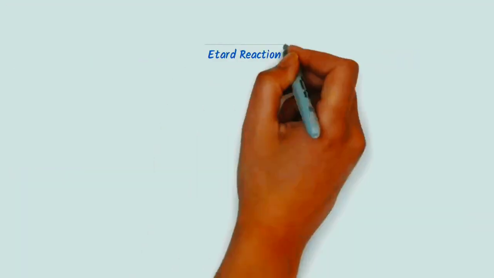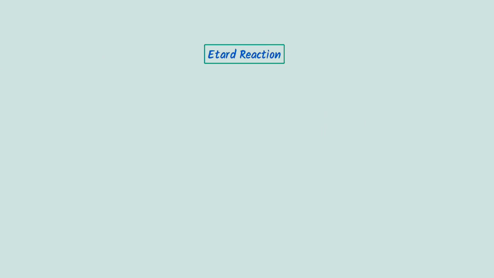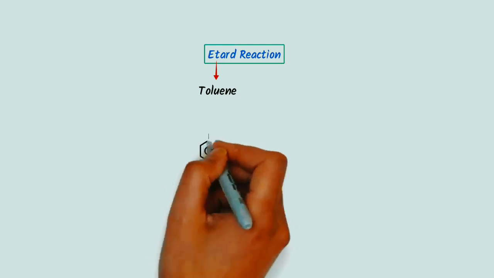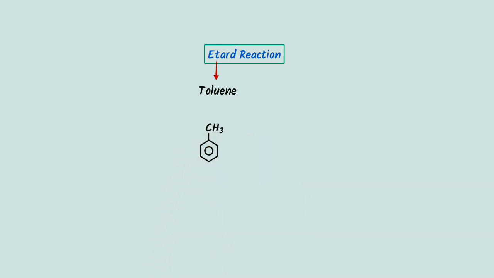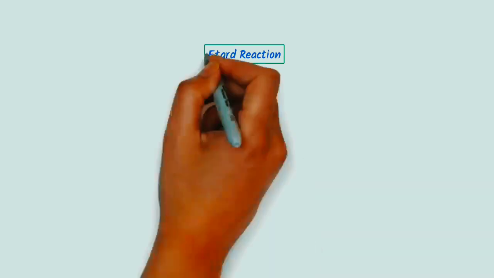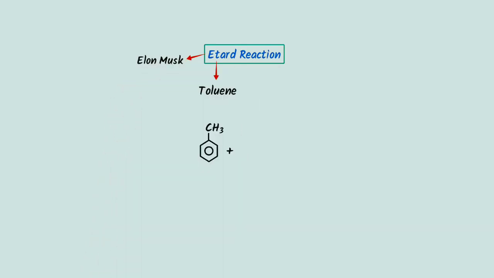Now let me teach you the Etard reaction. Well, this T in Etard reaction reminds me of toluene. So I write toluene, which is CH3 plus benzene ring. Secondly, this E reminds me of Elon Musk. We know that he is crazy and clever.